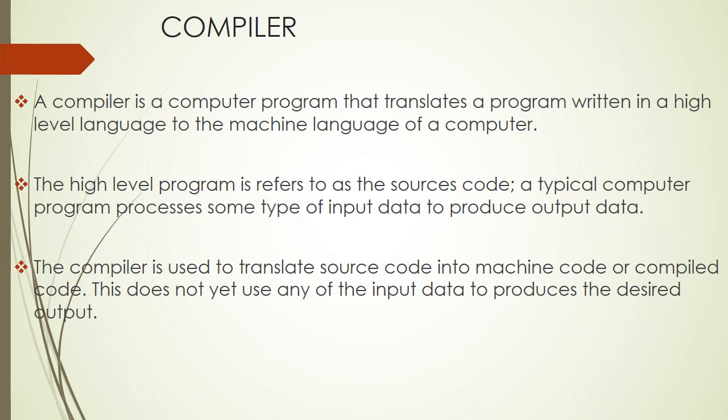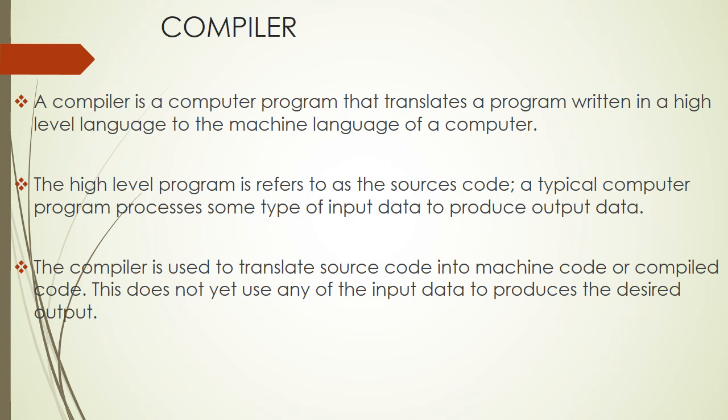Compiler. A compiler is a computer program that translates a program written in a high-level language to the machine language of a computer. If we want to modify data in a high-level language, we have to use a compiler to assist us in accessing and modifying that information and data. The high-level program is referred to as the source code.